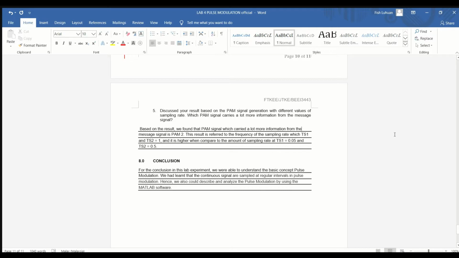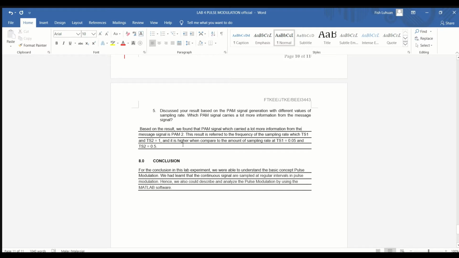Thank you again for my partner, and I'm going to finish our part for the last, which is discussion and conclusion. For the part here, we can see which PAM signal carries a lot more information from the message signal.